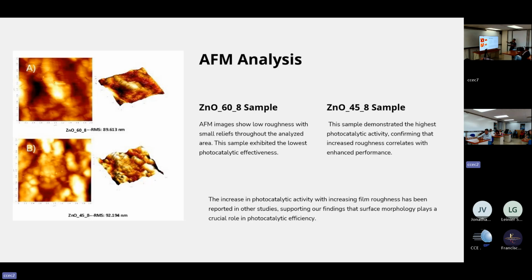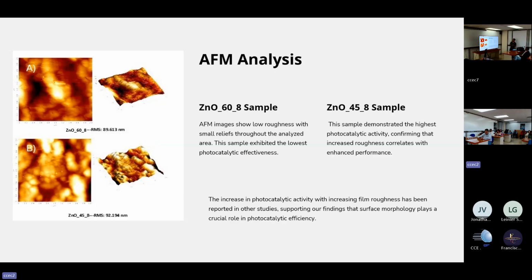In contrast, the ZnO 45 sample shows the highest surface roundness and exhibits the highest photocatalytic efficiency.